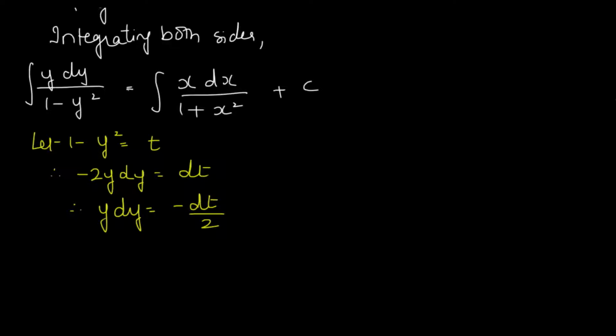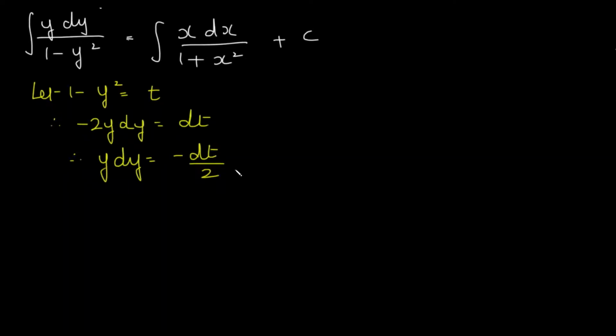And therefore when we write the integral sign over here, we substitute this way, only in the LHS. So we have −dt upon 2 because y dy is actually −dt upon 2. So −dt upon 2 upon t, because 1 − y² was t, which becomes −1/2 integral dt upon t. And you know that integral of 1 upon t becomes log t.